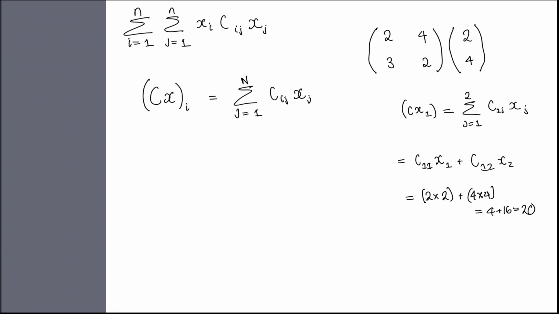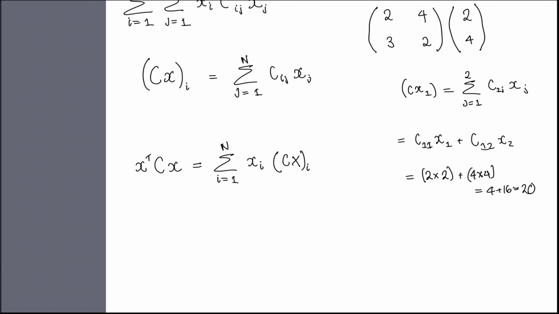Now what we will do is get our matrix C and then our vector x, and we will multiply it by the transpose of x. So what this gives us is the sum from i equal to 1 to n of xi multiplied by (Cx)i.